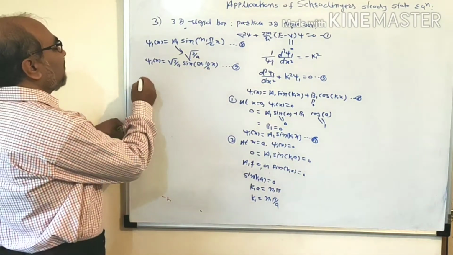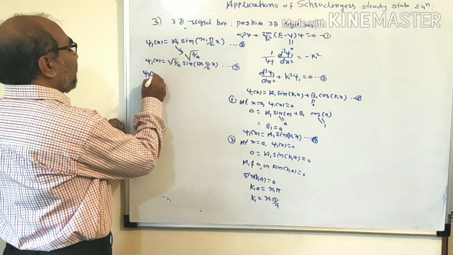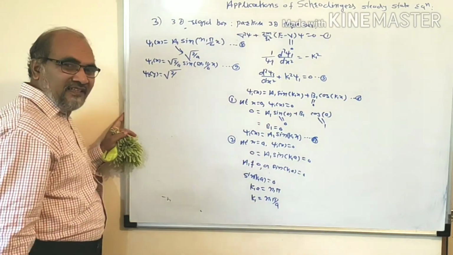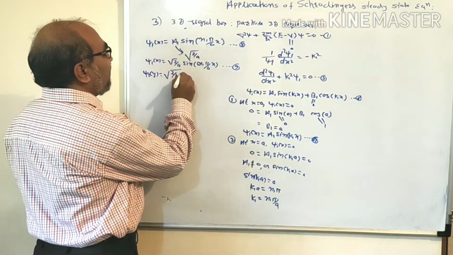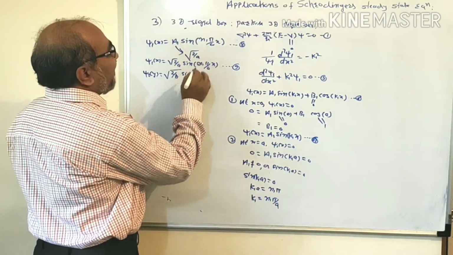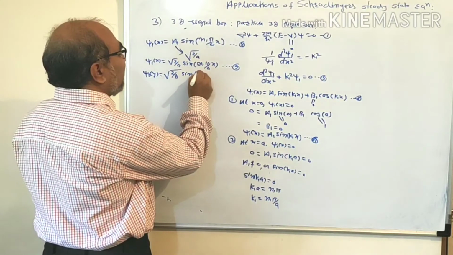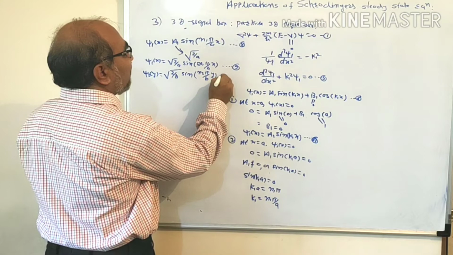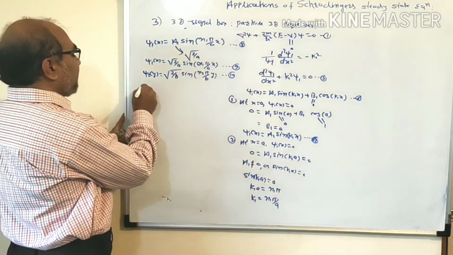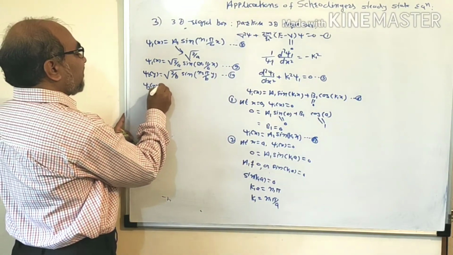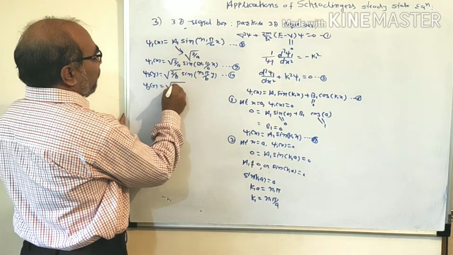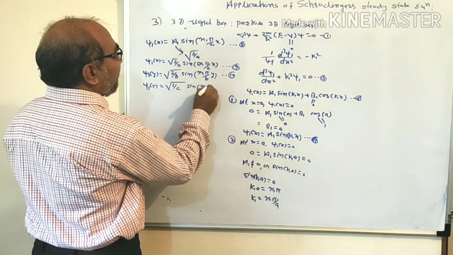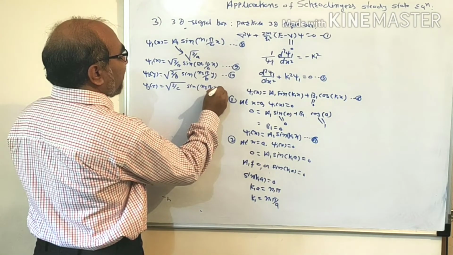Similarly psi 2 of y is equal to root 2 by b sin n2 pi by b y, where instead of a, it is b. And psi 3 of z is equal to root 2 by c sin of n3 pi by c z.